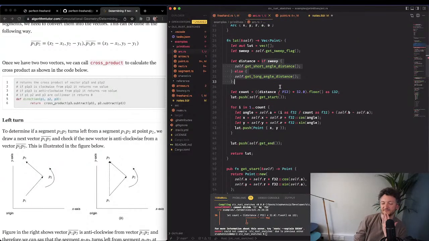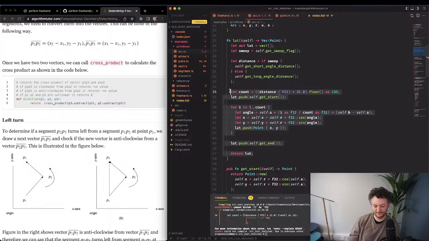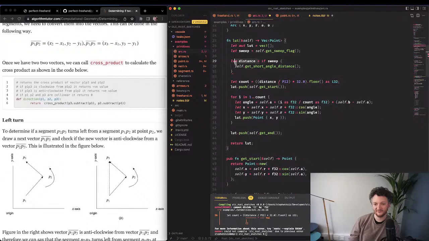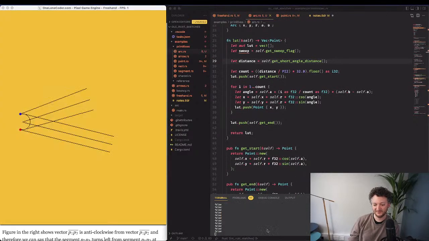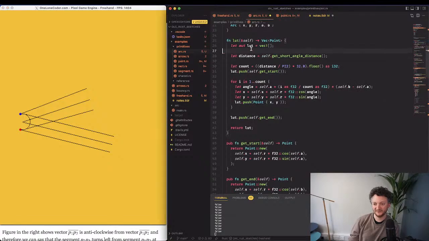Damn, hold on a second. I don't know if this is a general solution for an arc. Probably not.